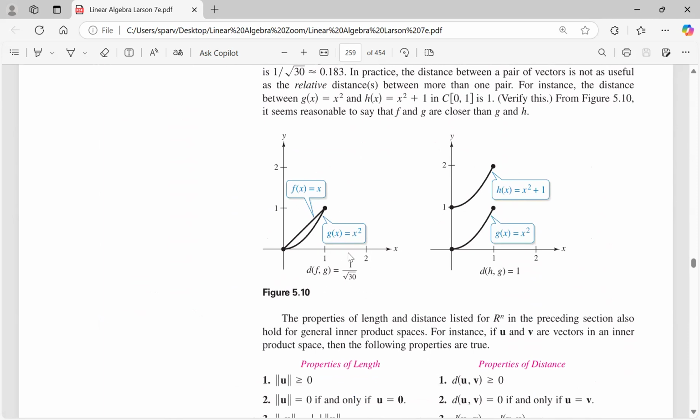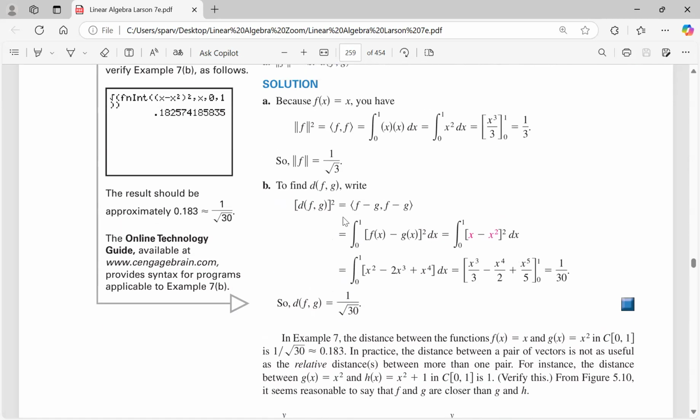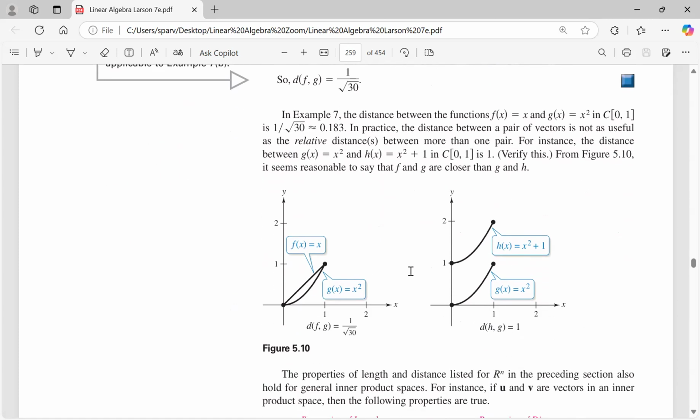So in figure 5.10, you have two functions on the left, two functions on the right. Now, if you look at the distance between f and g, 1 over root 30. Okay, and he shows you up here how he found that distance. Again, this part B, that's what I'm saying. What do we mean by distance between f and g? But you can kind of holistically look at this one.